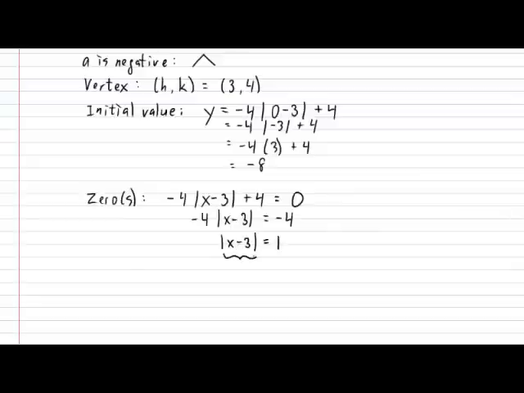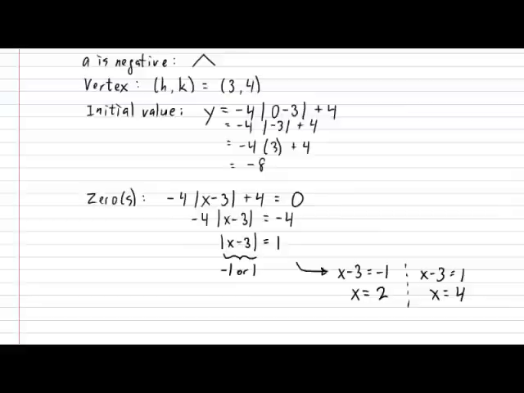So, therefore, the x minus 3 could either equal to minus 1 or positive 1. So x minus 3 could equal to negative 1, or x minus 3 could equal to positive 1, and that gives us x could equal to 2, or x could equal to 4.